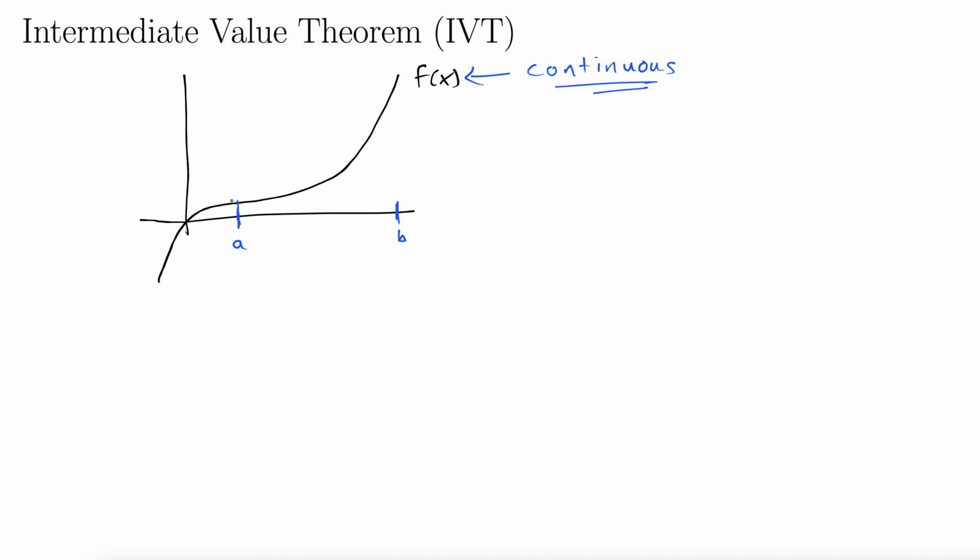What this tells us, right, so we can follow this over, so here's f of A on the y-axis, and here's our B all the way up here, so f of B is somewhere way over here.